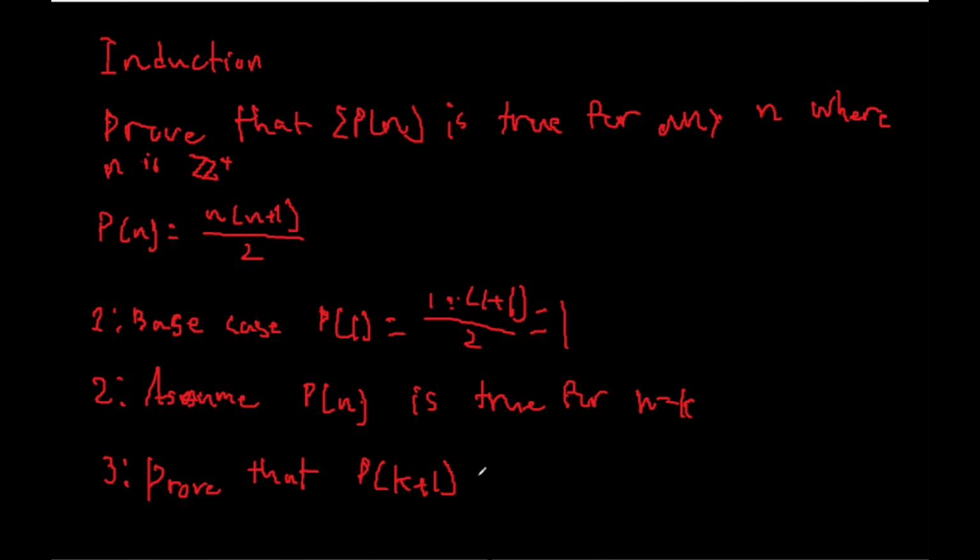It can also be n plus 1, but they have the plus 1 because since n is any positive integer, you go from 1 to 2 to 3, you're adding 1. So if we can prove that P k plus 1 is true, then we can assume for any case of n, whatever it equals, that it's true. So if we can prove it's true for 4, P4, then it must be true for P5. That's what we're going to prove with this.